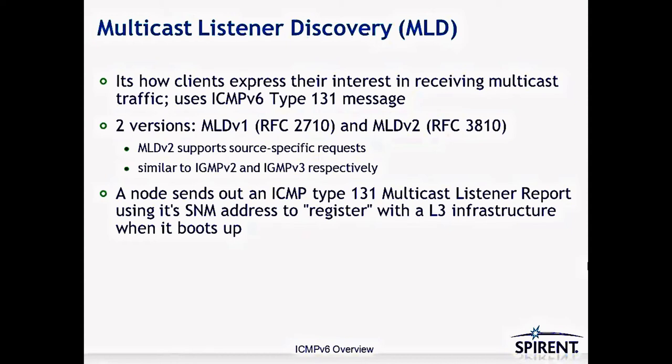There are two versions of MLD, MLD version 1 as described in RFC 2710, and MLD version 2, which is described in RFC 3810. Those are functionally equivalent to IGMP version 2 and IGMP version 3, respectively, for IPv4. So MLD version 2, like IGMP version 3 for IPv4, supports source-specific requests.